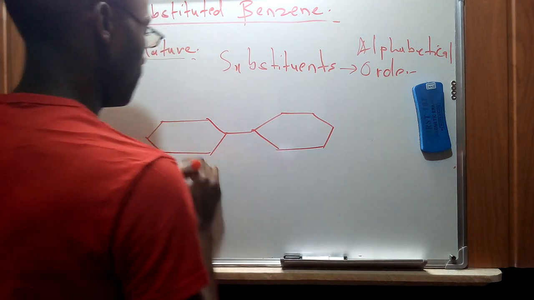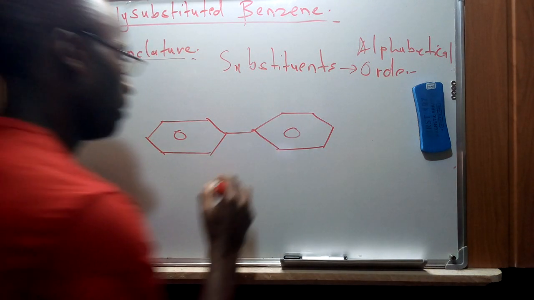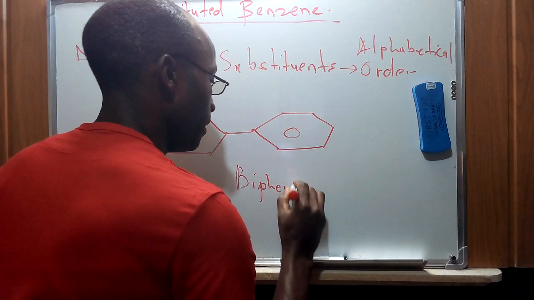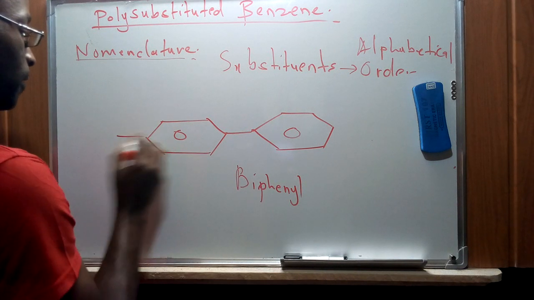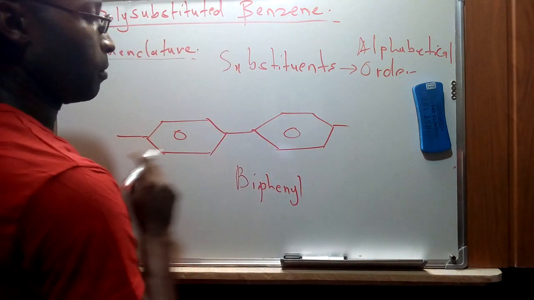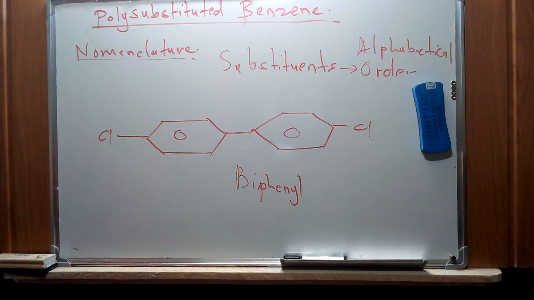So we have this molecule linked to that one, and we call this one a biphenyl. So suppose we have a substitution at different points. Let's put this one maybe at a parallel position with respect to this point. So we have maybe a chloro and a chloro at that particular point.